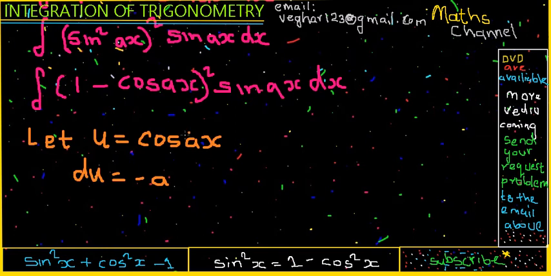This one is a function of the angle. Then the derivative of cos is sine. It's negative sine.